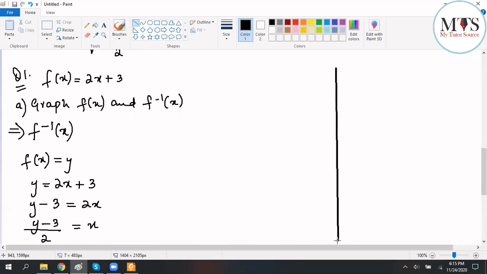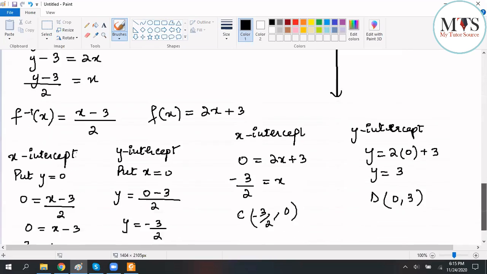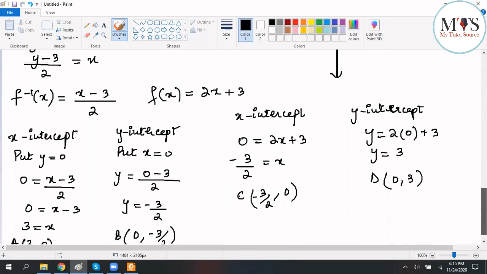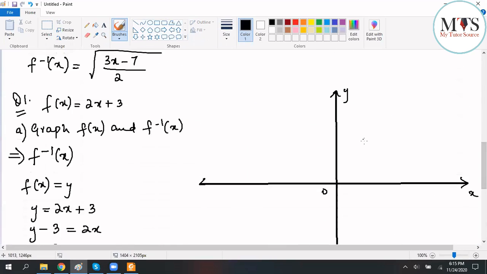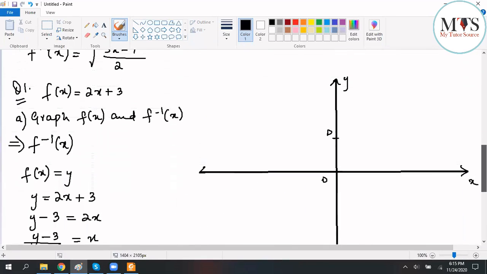So we draw the axis, y-axis, x. Then what we do is plot the points. So let's start with the original function, 0, 3. Let's say that is over here, and -3/2, 0.